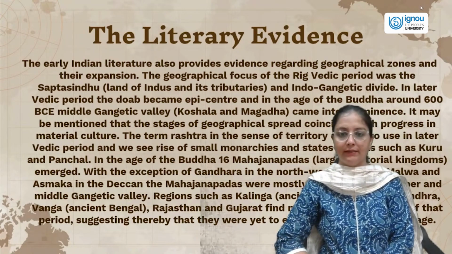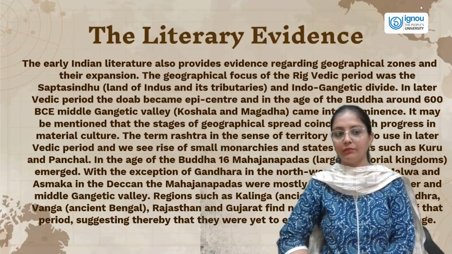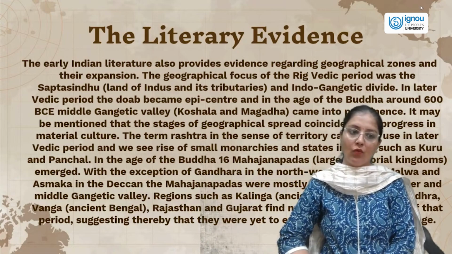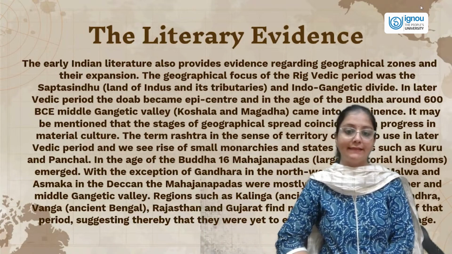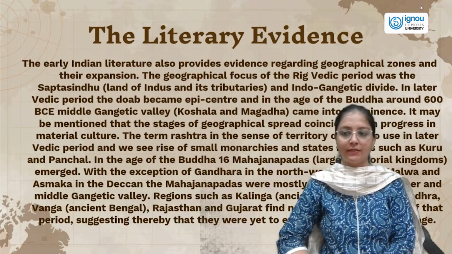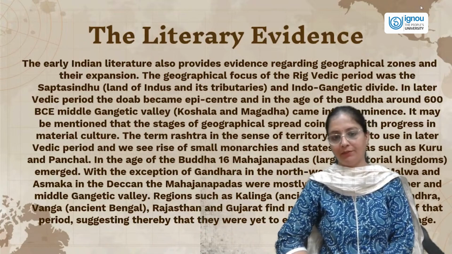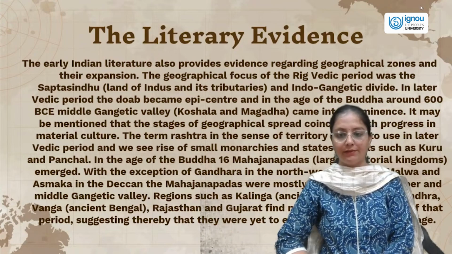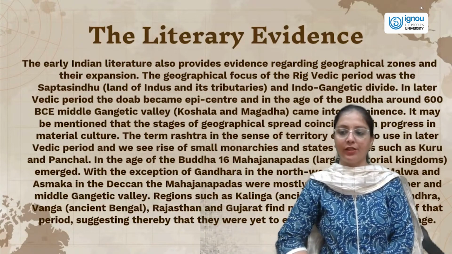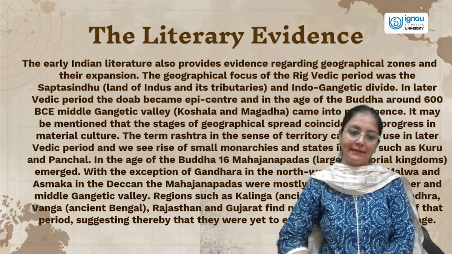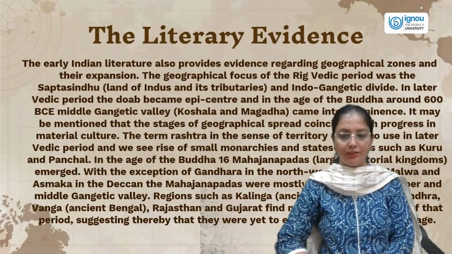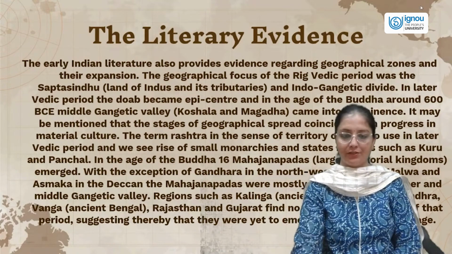In the age of Buddha, 16 Mahajanapadas emerged, with the exception of Gandhara in the northwest, Avanti in Malwa, and Ashmaka in the Deccan. The Mahajanapadas were mostly concentrated in the upper and middle Gangetic Valley. Kalinga, Andhra, Vanga, Rajasthan, and Gujarat find no mention in the literature of that period, suggesting that they were yet to emerge on the historical stage.